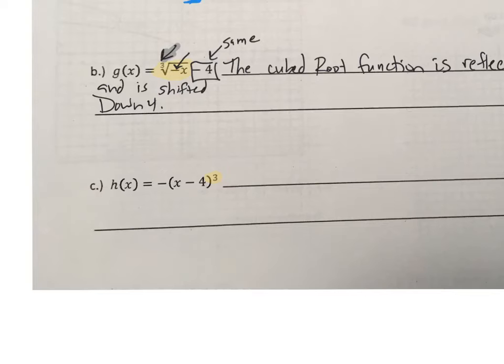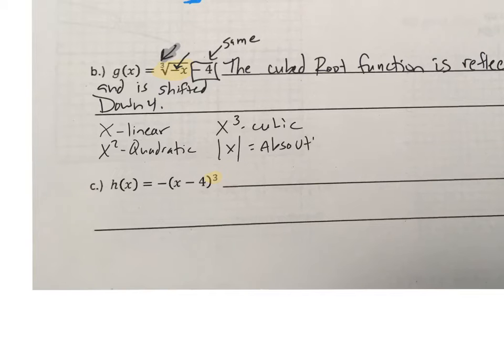If you remember, we've got plain old x is linear, x to the 2 is quadratic, x to the 3 is cubic, absolute value, and then we have the square root function and the cubic root function. And yes, you have to memorize their names and what they look like.